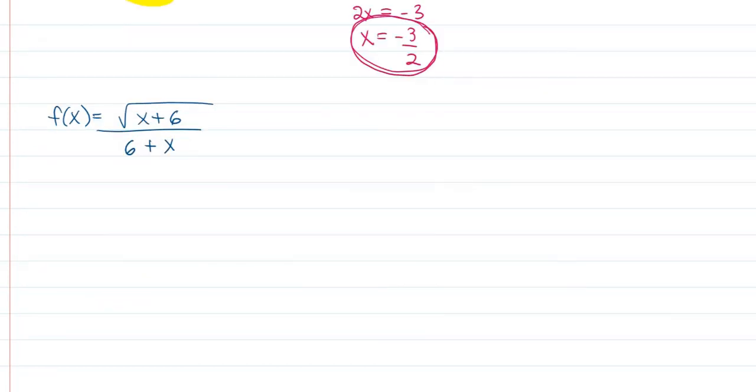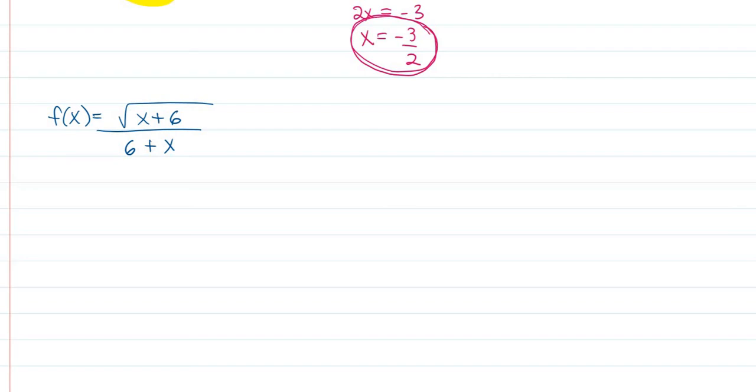Okay, let's do another example of finding the domain. Here we're going to have more than one thing to look at, because overall we have a fraction. That means we have to figure out what would make our denominator 0 and restrict that. But also in the numerator, we have a square root, and we know that in order to take the square root of something, it has to be 0 or greater. So we're going to have to restrict those values as well.